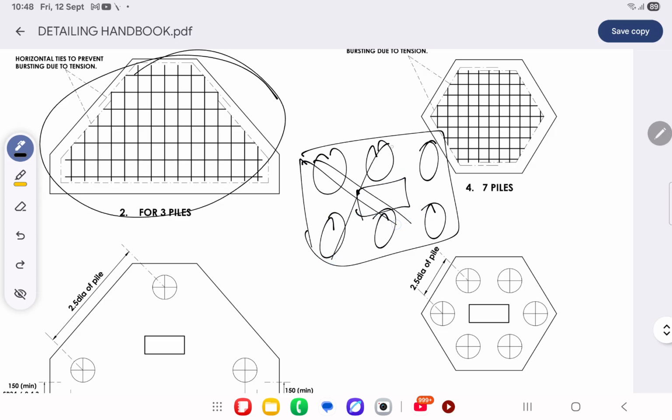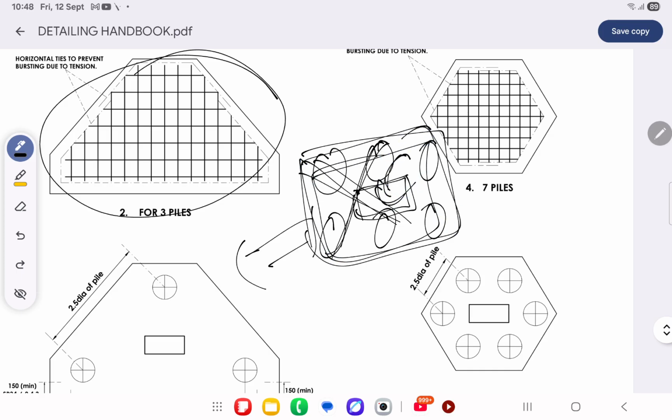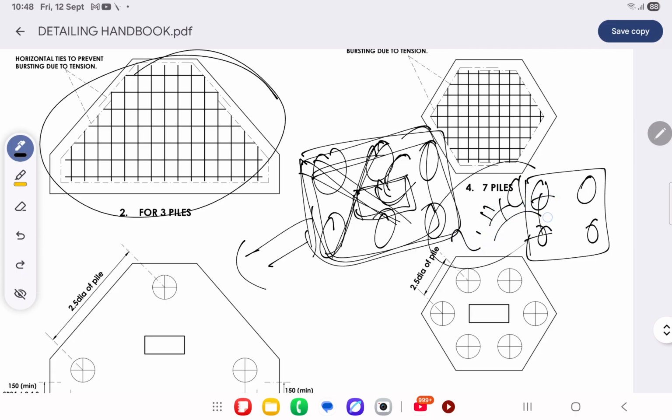Because we have to distribute the column load that is coming from the superstructure equally to all the piles, but in this case it is not possible. In the case of 4 piles it is okay, we can go for that, because you have to maintain 2.5 times the diameter of the pile also.